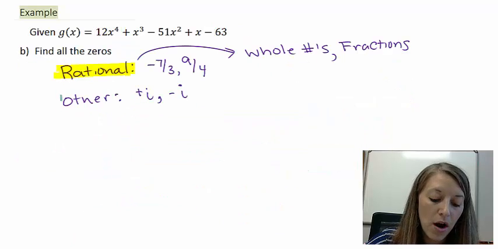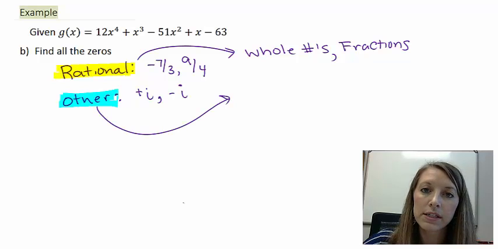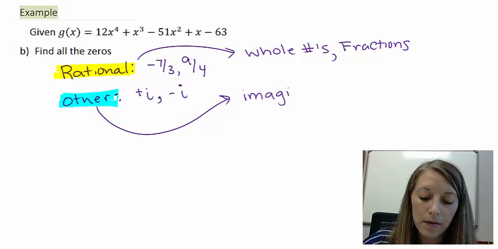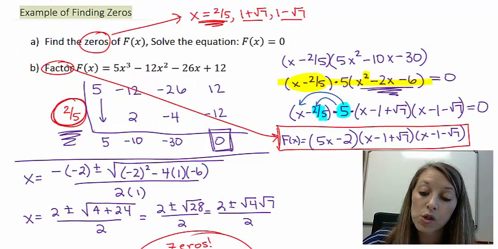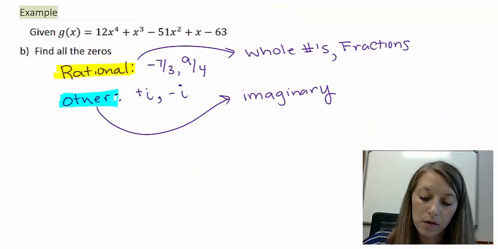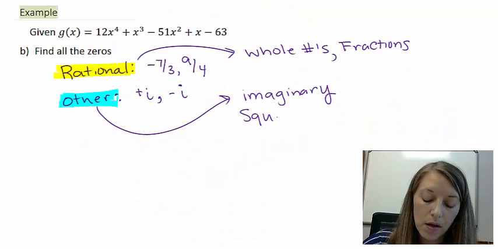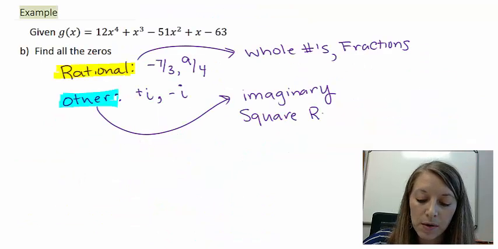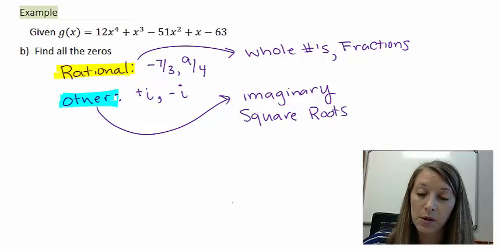When it asks for other zeros, those are the ones that are going to take other formats. So for example, what we see here, imaginary ones, or like when we saw in our last example, we saw square roots. So those are the only possibilities to come up with other zeros.